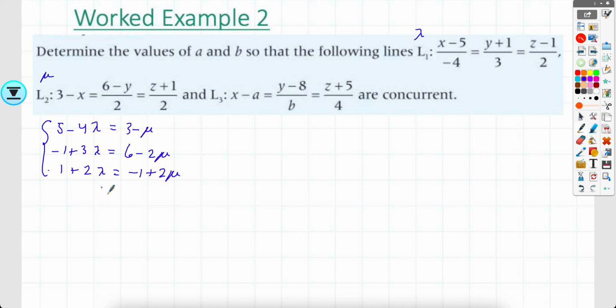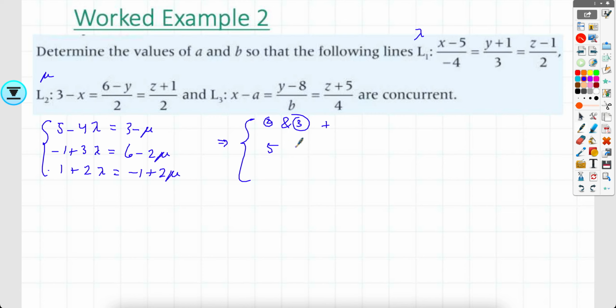So we have the setup here. And what I'm going to do is take equation 2 and 3 and add them together, and it's going to give me a 5. So you're solving simultaneous equations here.